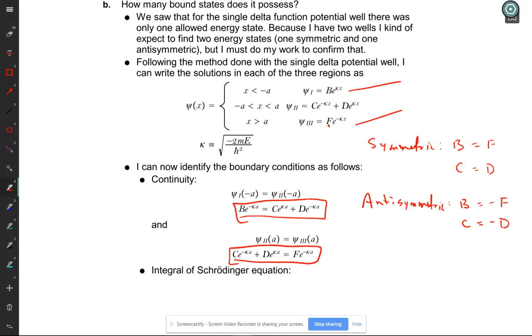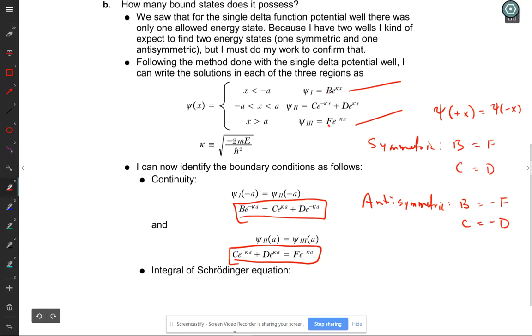And if you're not sure on that, remember what makes it symmetric? Psi of plus x equals psi of minus x is symmetric. And so if I have x greater than a, psi of plus x would be B e to the kappa x.